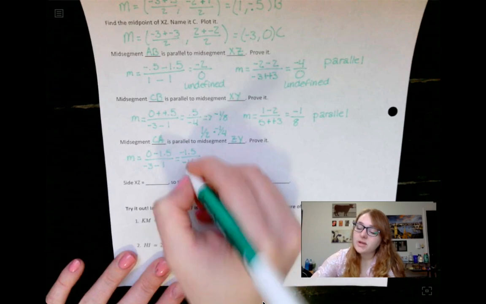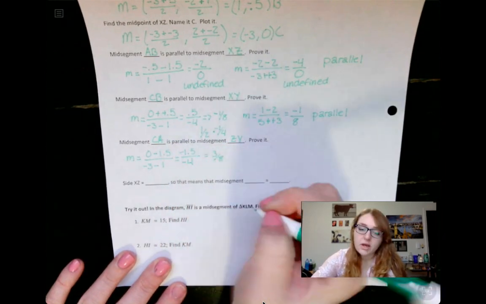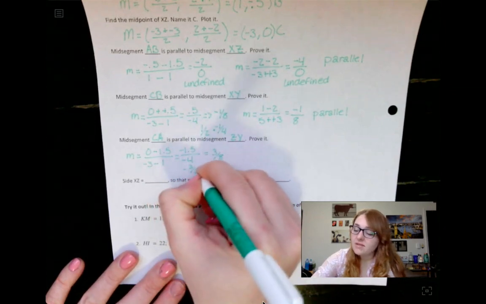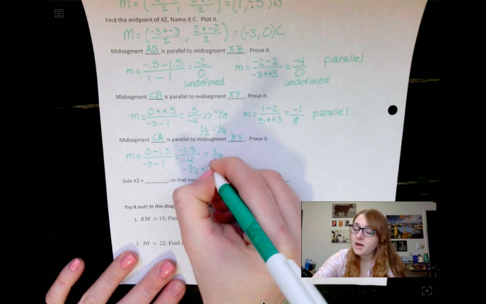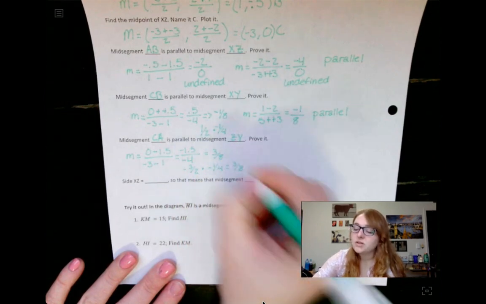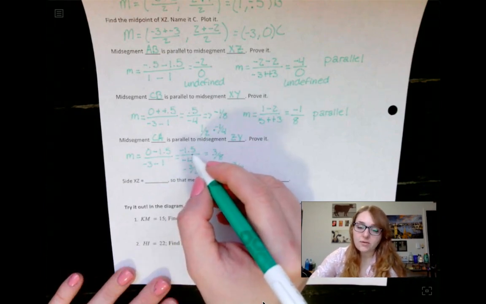If we plug that into a calculator, we get positive 3/8. We could also get that by doing negative 3/2 multiplied by negative 1/4 and get positive 3/8 as well. That negative 3/2 is the fraction version of negative 1.5 here.